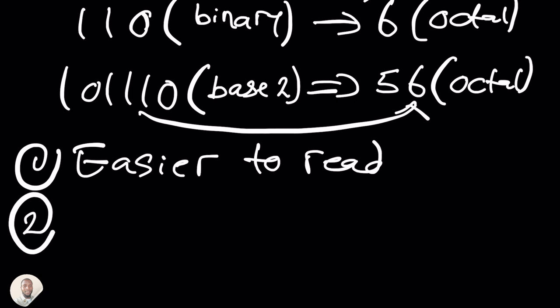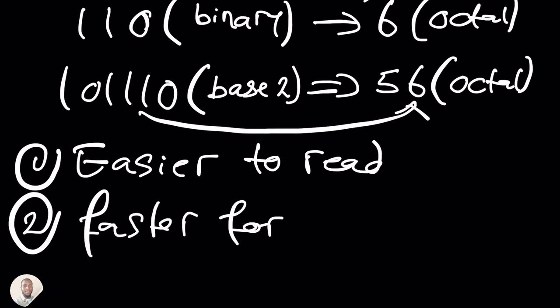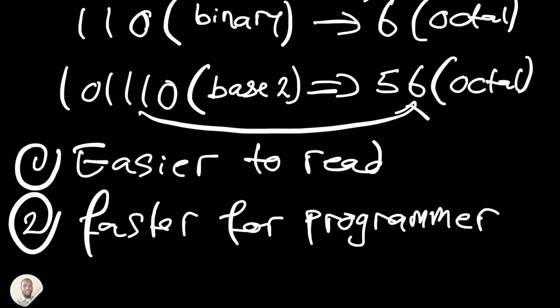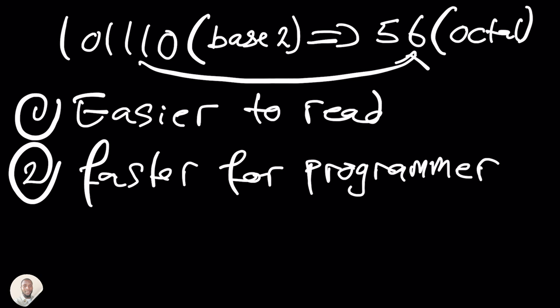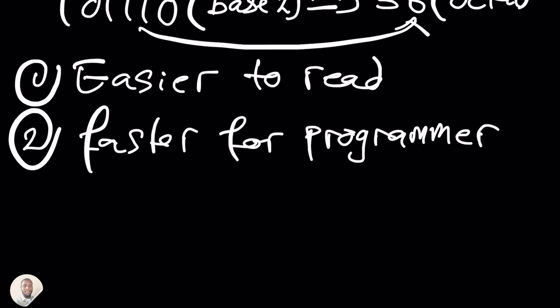Two, it's also faster for programmers. It helps programmers write and debug machine code more easily. So in conclusion, even though we mainly use decimal, base 10, in daily life and binary, base 2, in computers, octal, which is base 8, acts as a bridge to make binary numbers easier to manage.